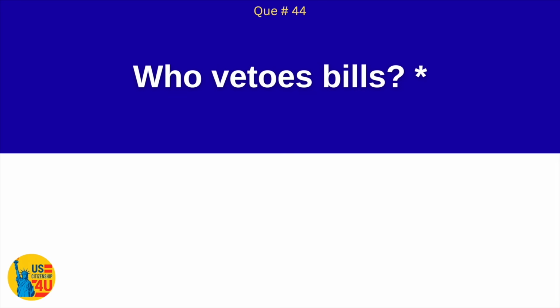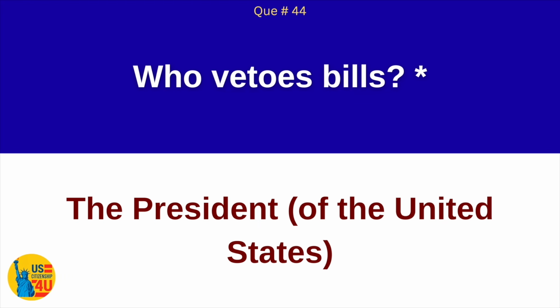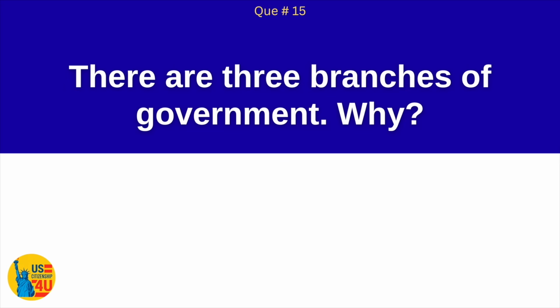Who vetoes bills? The President of the United States. There are 3 branches of government. Why?